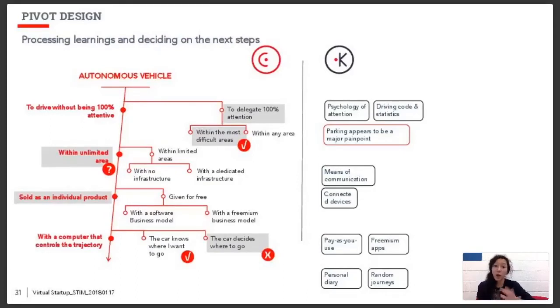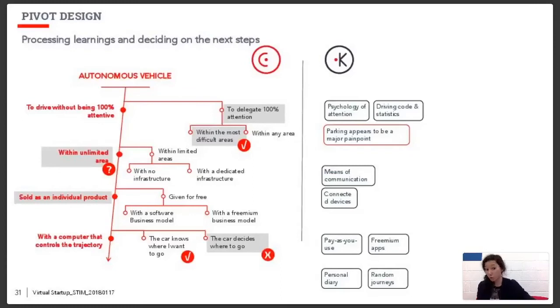So for instance, every time we go to CK and we process the elements that we learn in the knowledge space, and we see whether we validated certain hypotheses or not in the concept space. So for instance, we saw here that parking appears to be a major pain point. So we are going to validate the part where we're trying to focus on the most difficult areas, but at the same time, we will have to invalidate our vehicle going wherever it wants.